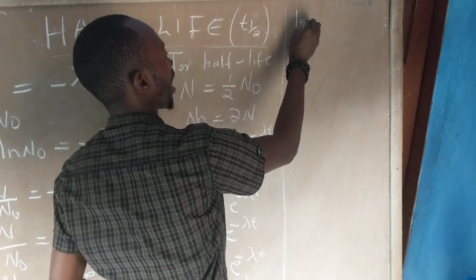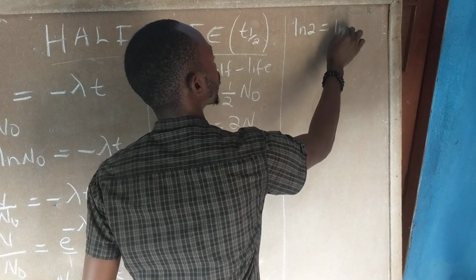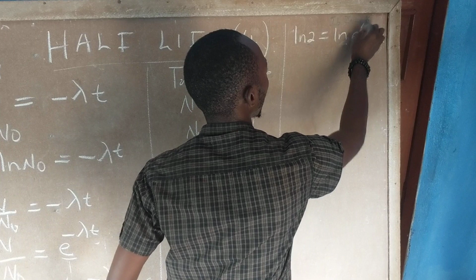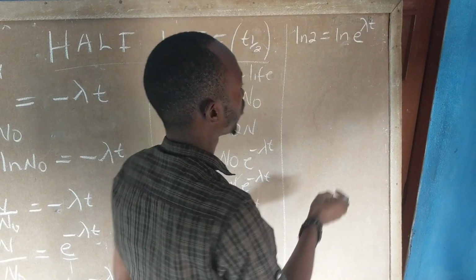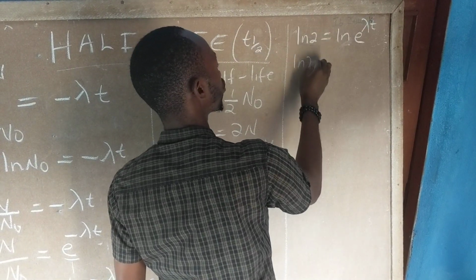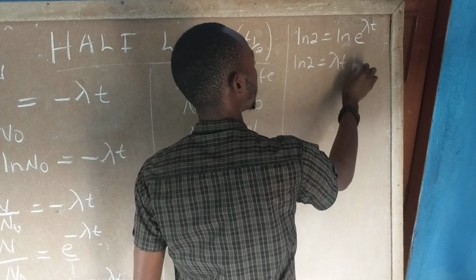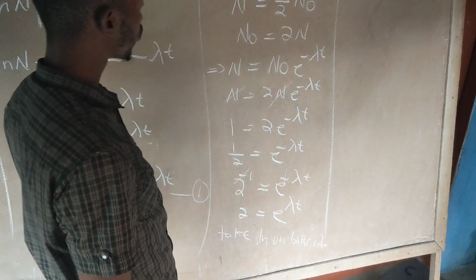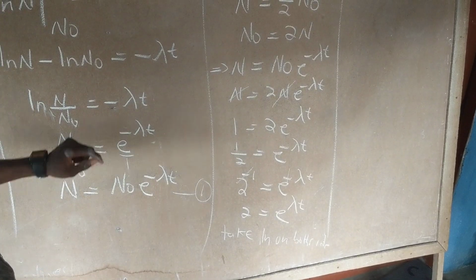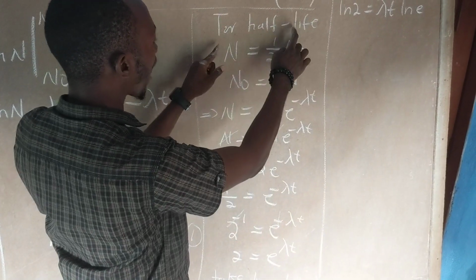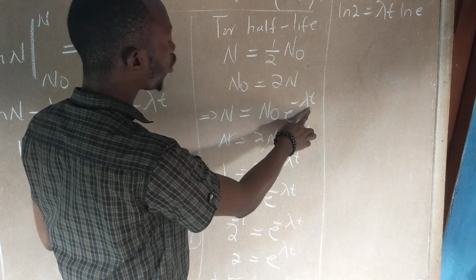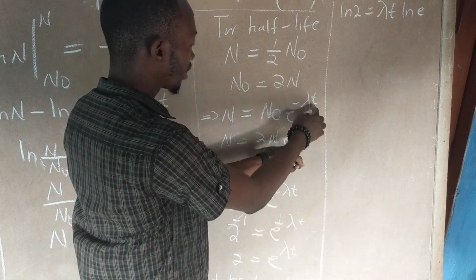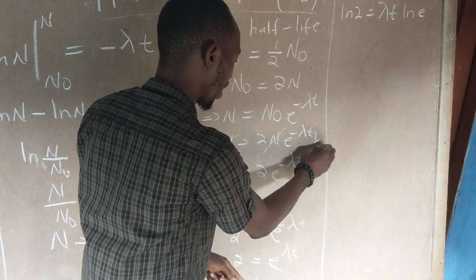So doing that, we have ln 2, which equals ln of the exponential of e raised to power lambda T. So if we move this lambda, we have ln 2 equals lambda T ln e. You see? But there is a point which we have to capture here. The moment we use half-life, this T automatically becomes T half. You see? So this T automatically becomes half-life.